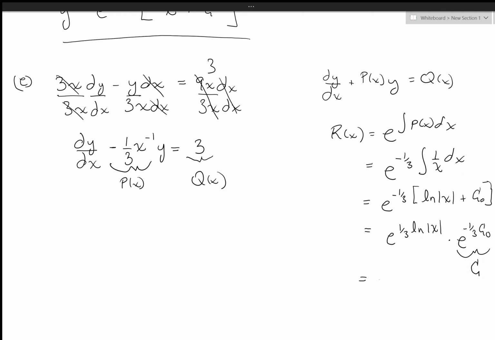So really that's just C times e to the negative 1/3 ln of x. But you see r gets multiplied by both sides of the equation. So this constant will be canceled out. You can divide both sides by that. So what we're left with is this guy right here.